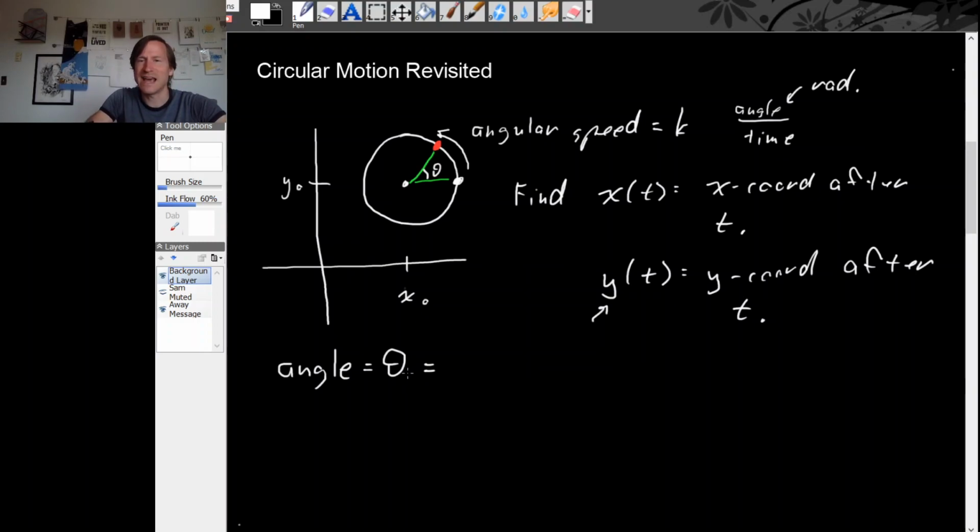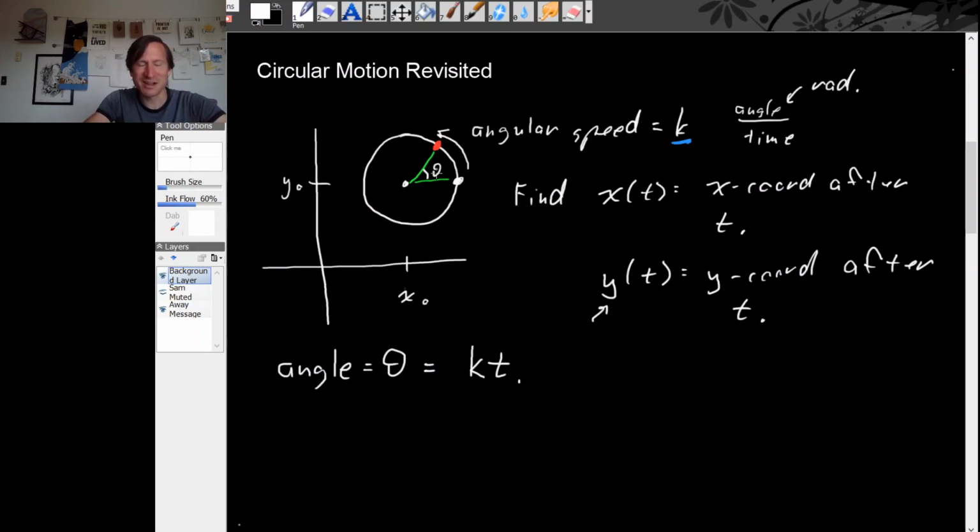So this is the angle that it's moved through after t time units, but our angular speed is k. So, you know, distance is speed times time. So angular distance, which is the angle, is angular speed, that's k, times t. So after some amount of time t, this angle in here is just k times t.